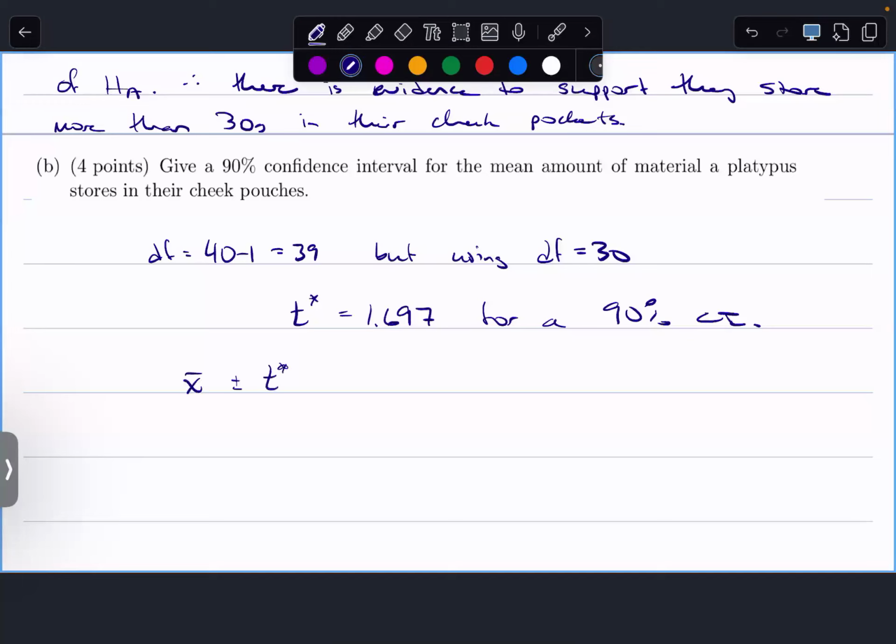X bar plus or minus T star times S over root N. Again, we've already calculated the S over root N, but it's relatively simple in this case, so I would just redo it. But if you want to store it in your calculator, you can.